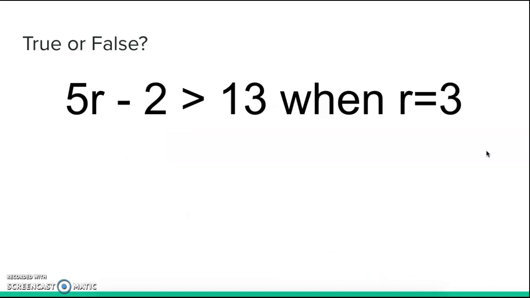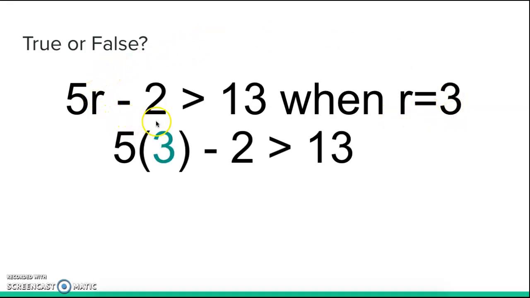Here's our next one. Is 5r minus 2 greater than 13 when r equals 3? Okay, this is greater than. Again, we're going to take that 3 and substitute it in to the r's place. So it looks like this. 5 times 3 minus 2 needs to be greater than 13.